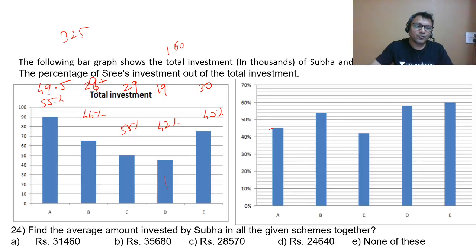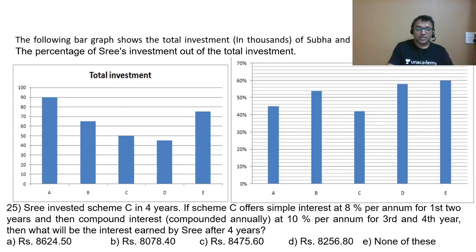Let's say 50, 70, 80, 110, 130, 160, which divided by 5 is 32, say less. You're getting the answer as A option, I think. 31,640. Too tedious a calculation.